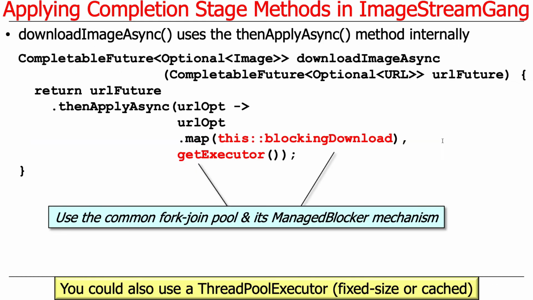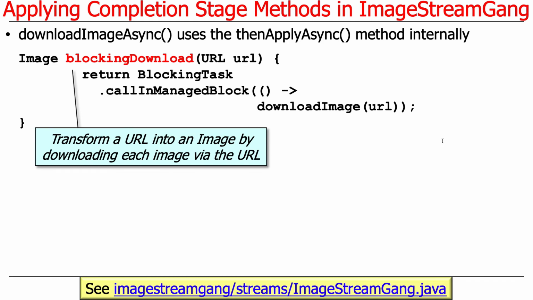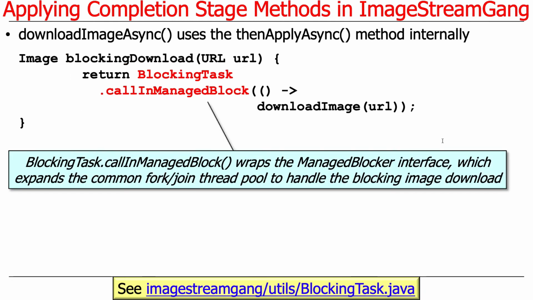So we get back a completable future to an optional image, which could be empty if the URL had already been cached. Here's blocking download, just to remind you what it does. This transforms a URL into an image by downloading the image via the URL, and it uses the blocking task manage block method, which basically wraps the managed blocker interface. And as we talked about, that expands the common fork join pool automatically to handle blocking.